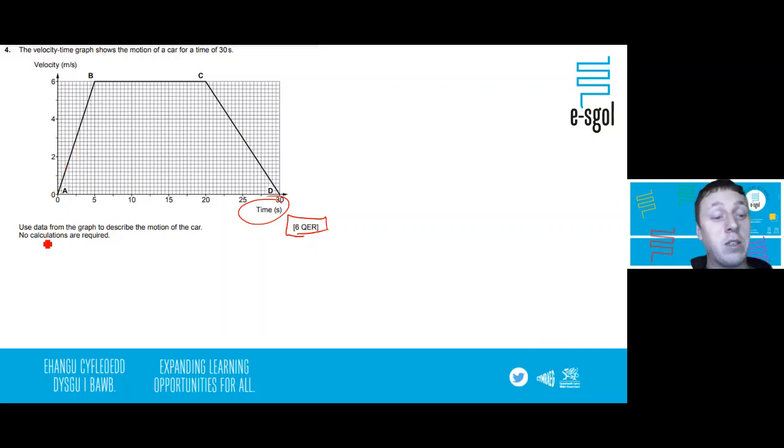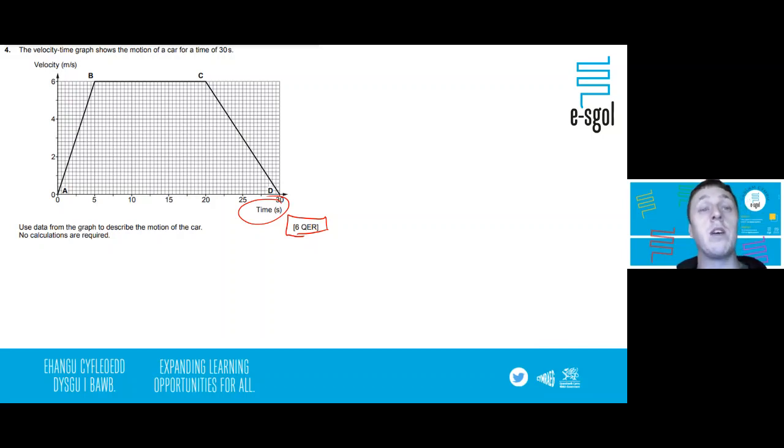The question asks us to use data from the graph to describe the motion of the car. No calculations are required. So here, what you might be wanting to do is looking at the question, break it down into the number of sections so you can fully detail your answer.